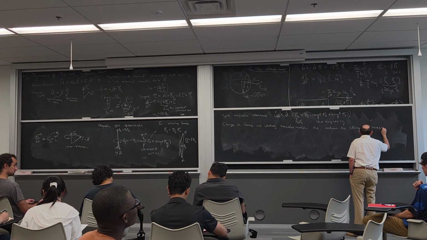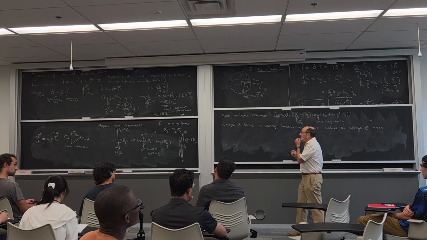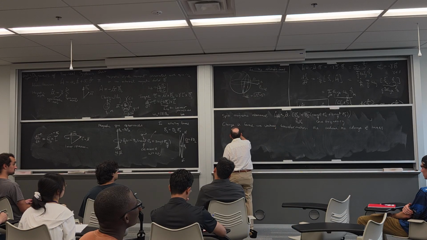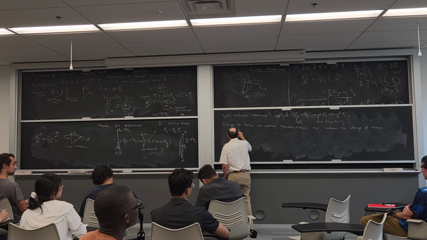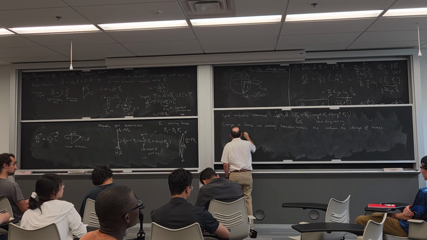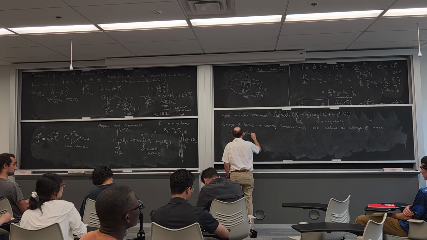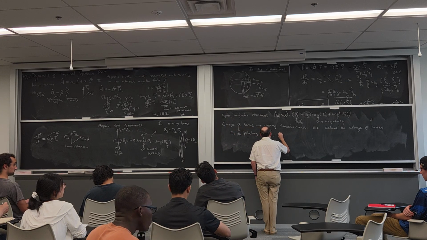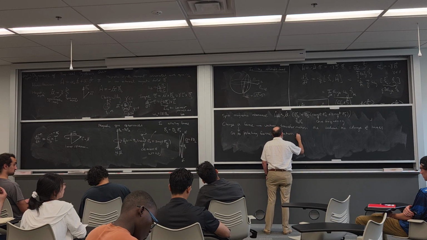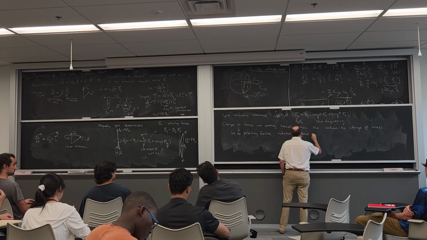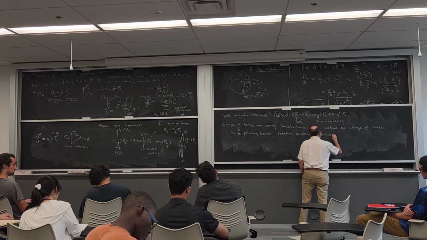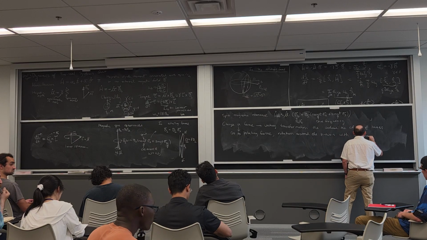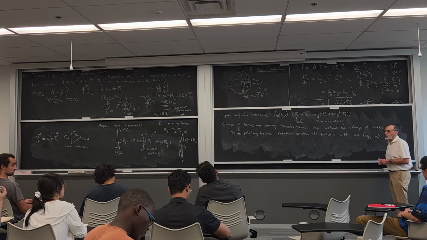Now, in this case, that change of basis is a rotation. We want to go to the rotating frame, okay? So the frame we're going to is the rotating frame, which is rotating around the z-axis with angular frequency omega, the frequency of the drive, okay?